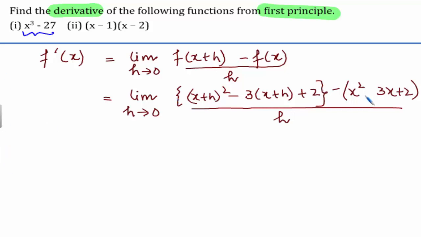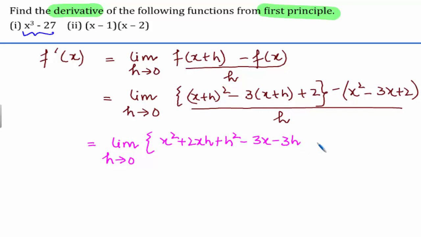Now opening the brackets, this can further be written as limit h tends to 0, (x square plus 2xh plus h square minus 3x minus 3h plus 2 minus x square plus 3x minus 2) whole divided by h.